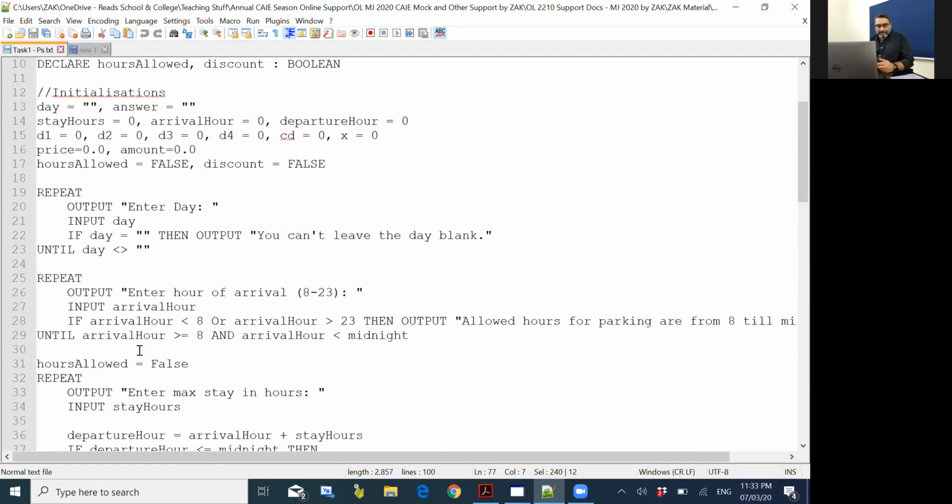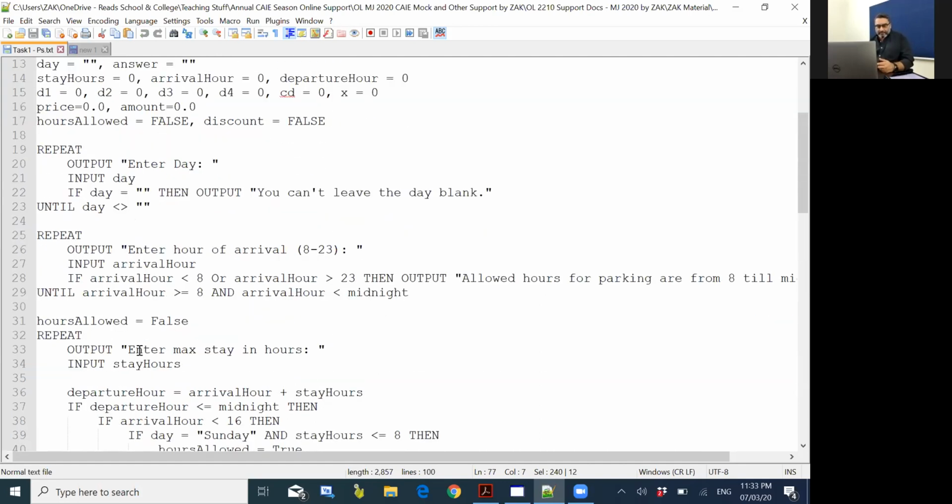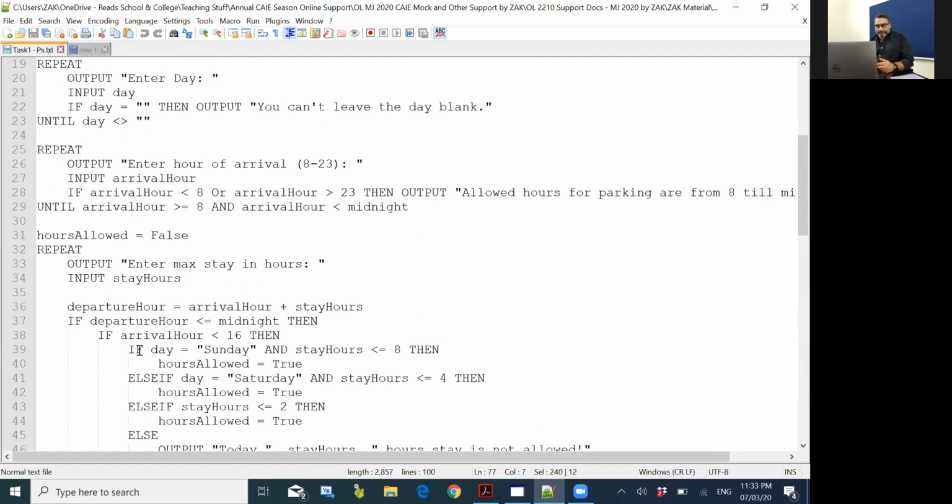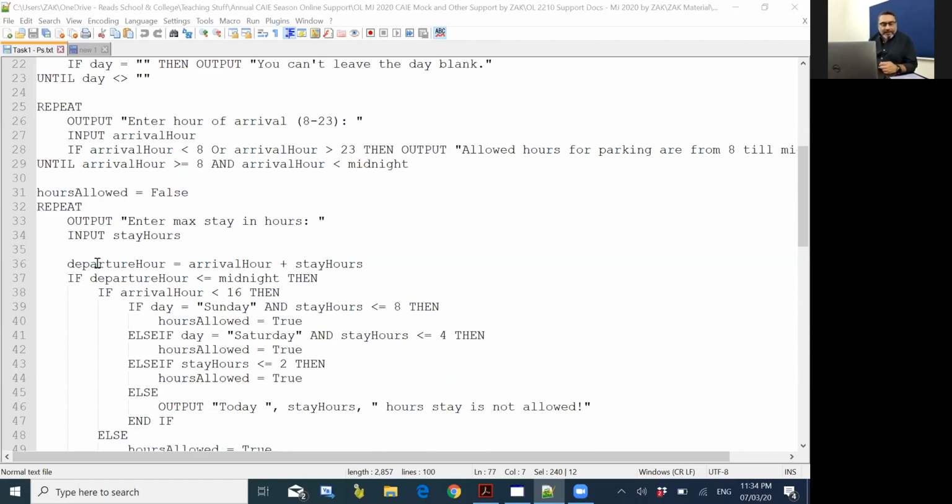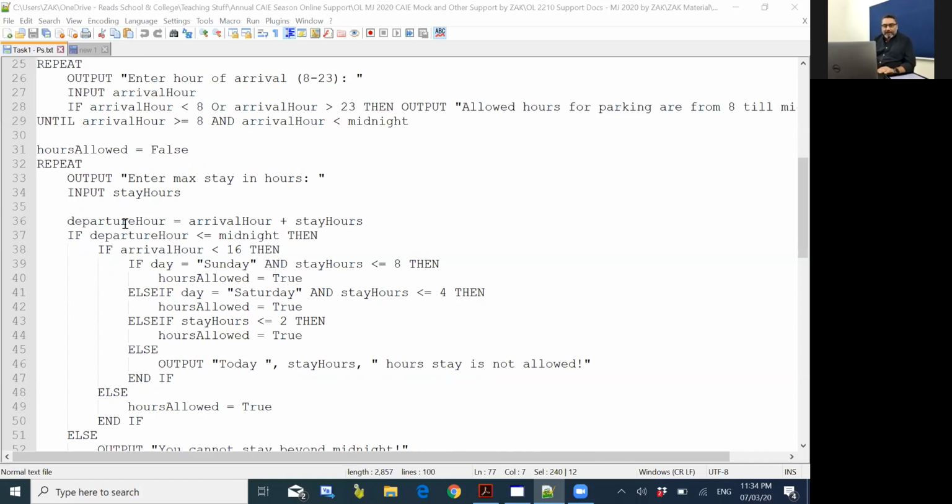So when our user entered how many hours they stayed, we have already found out what the departure hour was. So departure hour is equal to arrival hour plus number of hours stay. This was part of our validation for maximum stay hours, that departure hour is calculated.